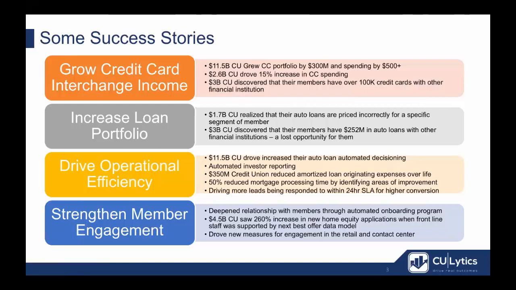That led to about 300 million in increased credit card portfolio. They realized that a full 44% of their members who have a credit card with them also have direct deposits. And by the way, this information was always there with them.